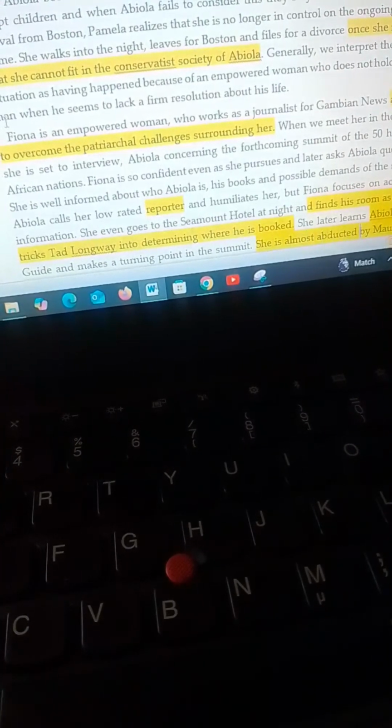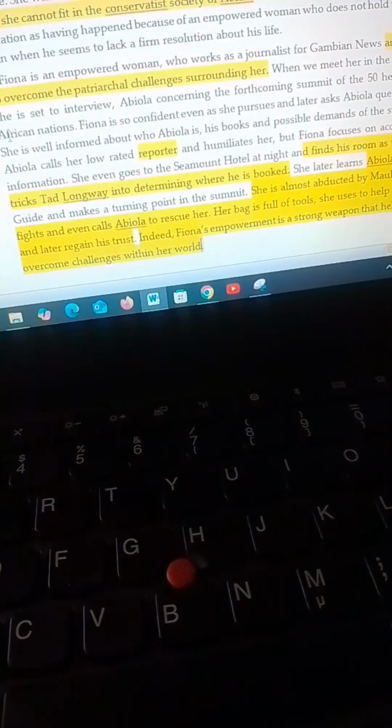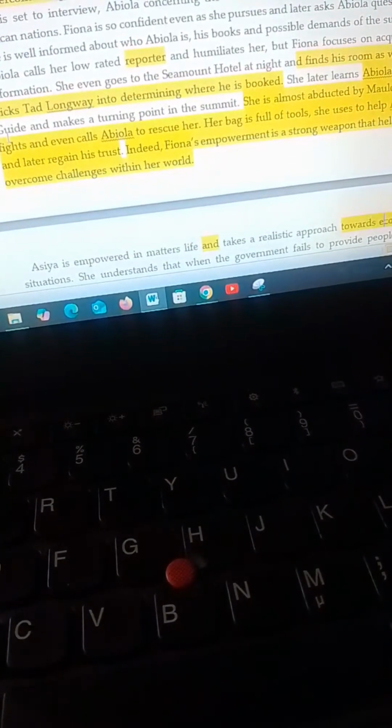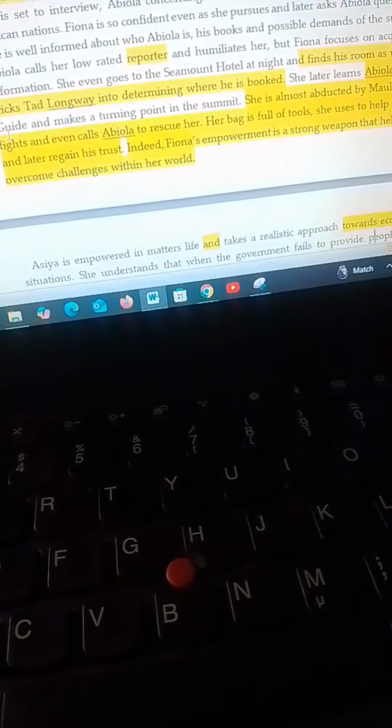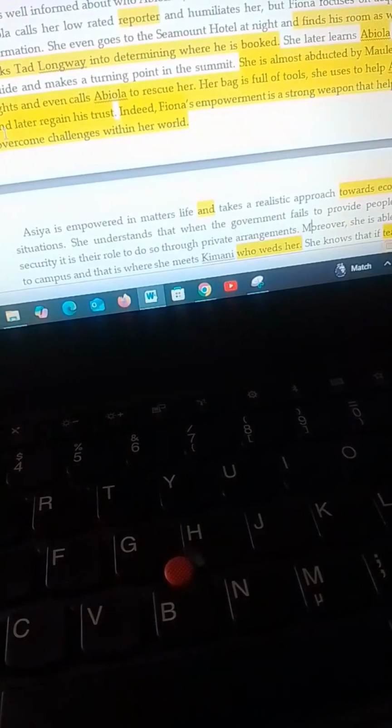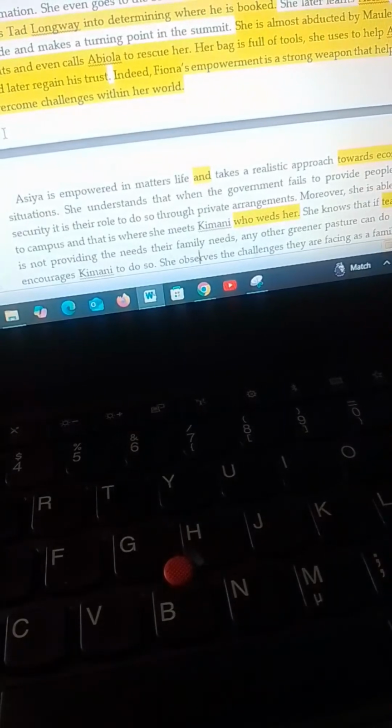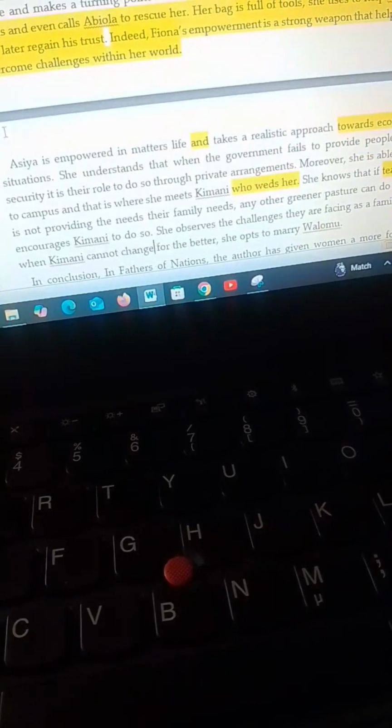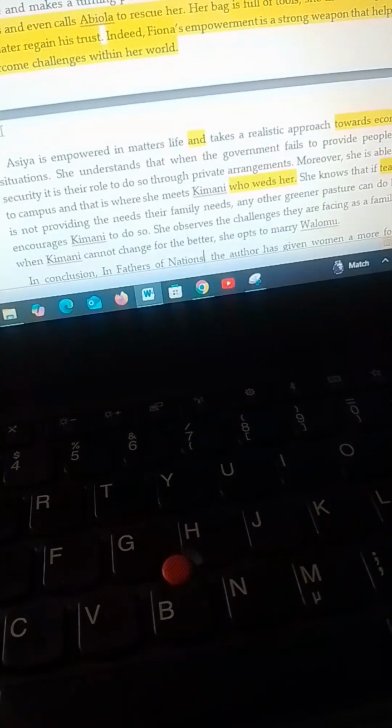Paragraph 3. Then paragraph 4 is coming on us here. A conclusion right there.